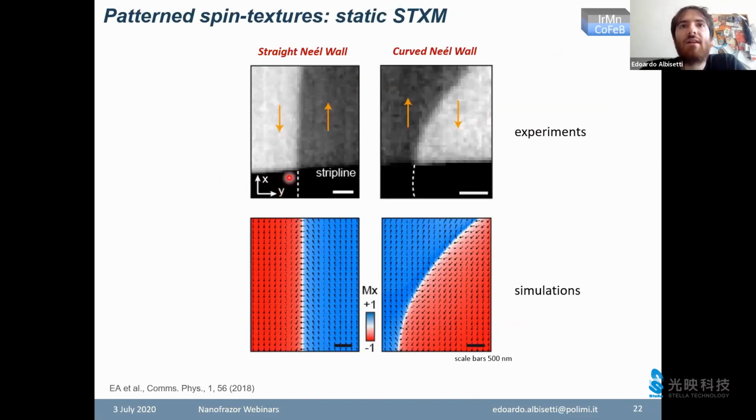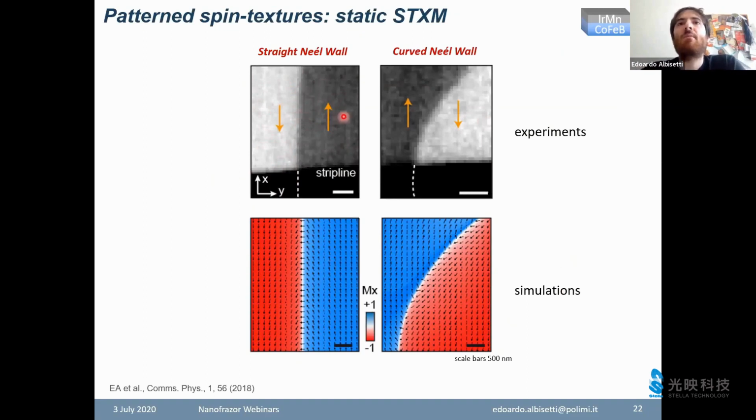So we had our antenna here, and we have a patterned domain wall where the magnetization on the left points towards the bottom, and the magnetization on the right points towards the top. Here you see a micromagnetic simulation that shows you point by point the direction of the spins. You also see that in the domain wall, the spins are again coherently rotating from one domain to the other.